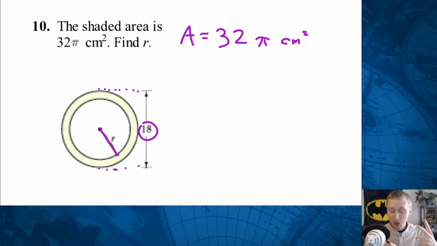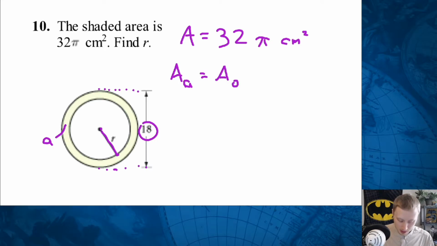So from looking at this, we should be able to conclude that, let's call this shaded region A for annulus, the area of A is the area of the outside minus the area of the inside. Right? So we're just going to do a simple subtraction. It is two circles, one subtracted from the other. I hope that is fairly clear.